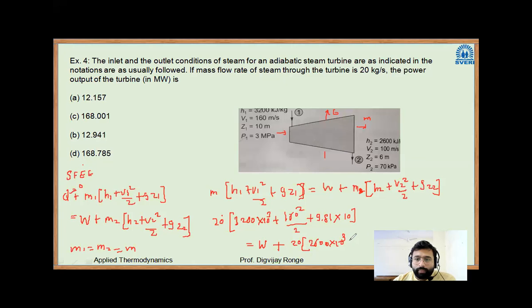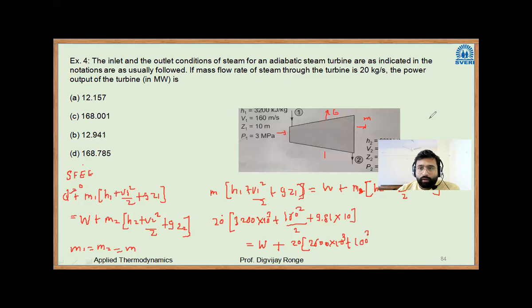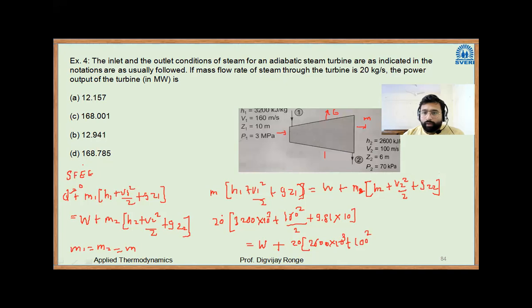Plus what is V2? 100 meter square. 100 meter square by 2 plus 9.81 into Z2, which is 6 meters. Now calculate the value for this bracket and tell me in the chat box.